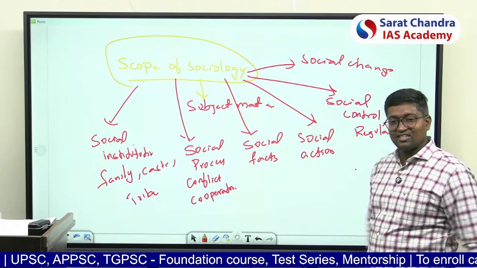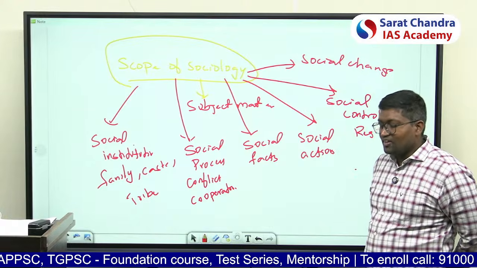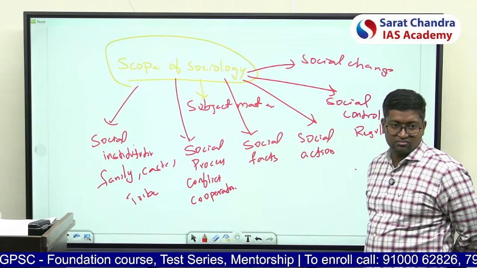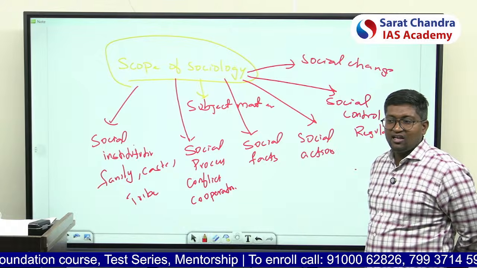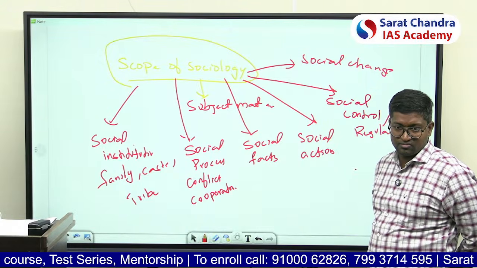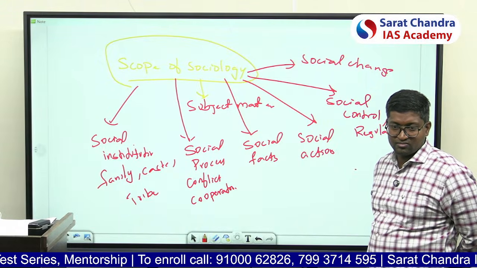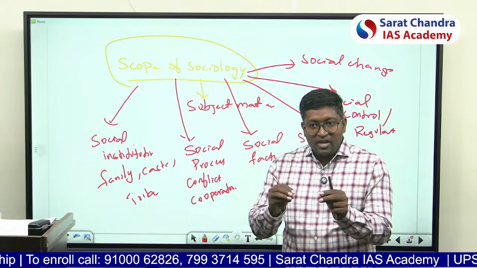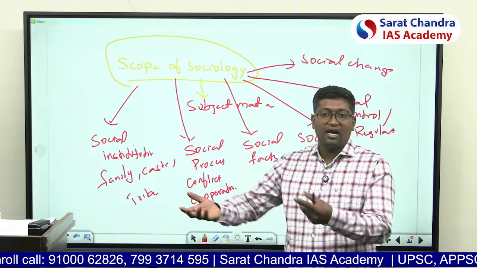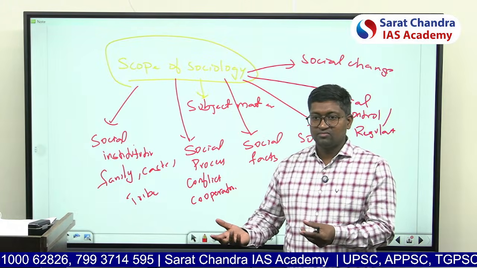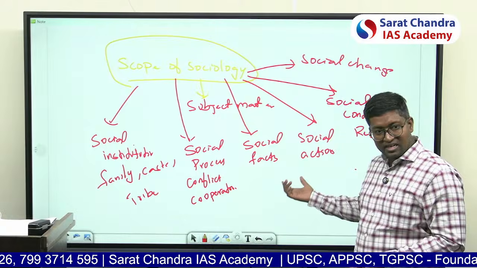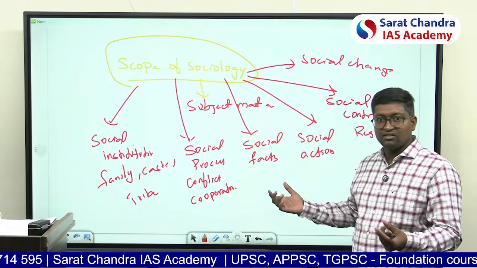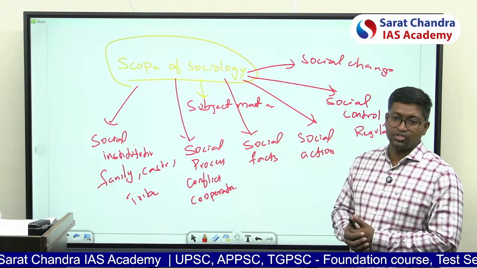What defines Weber's idea of social action? When can an action be social? When there is a meaning attached to it and it is based on the behavior of other actors. So the social action has a meaning attached to it.